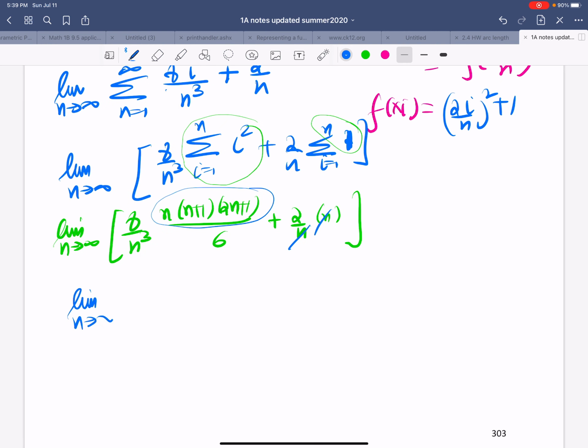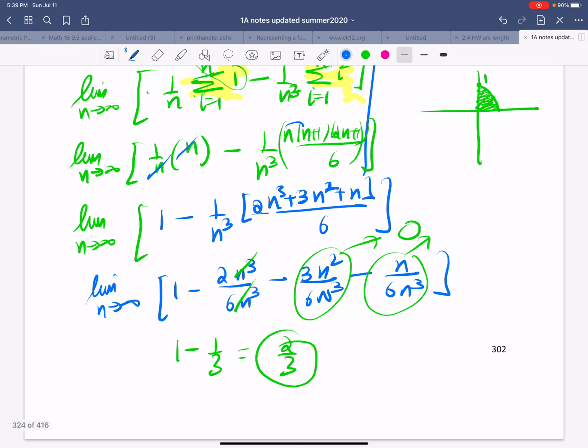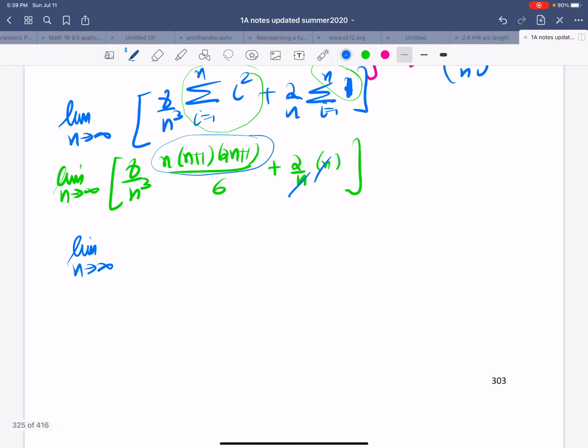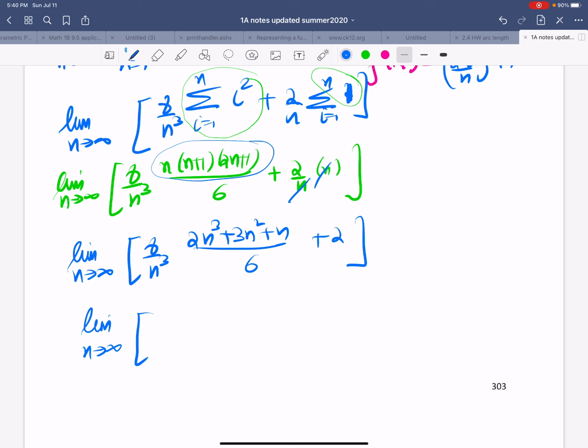So limit as n goes to infinity. This turned out to be 2n to the third plus 3n squared plus n over 6, plus 2. Limit as n goes to infinity. Go ahead and distribute.